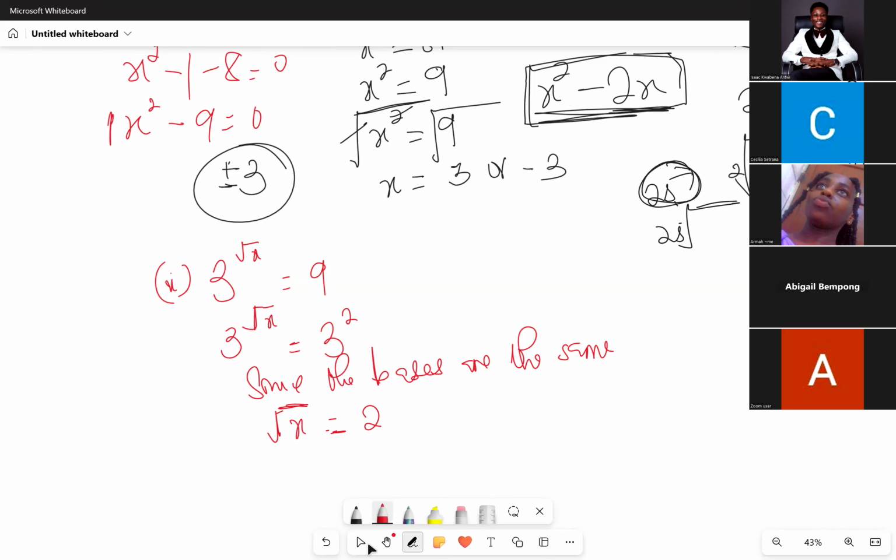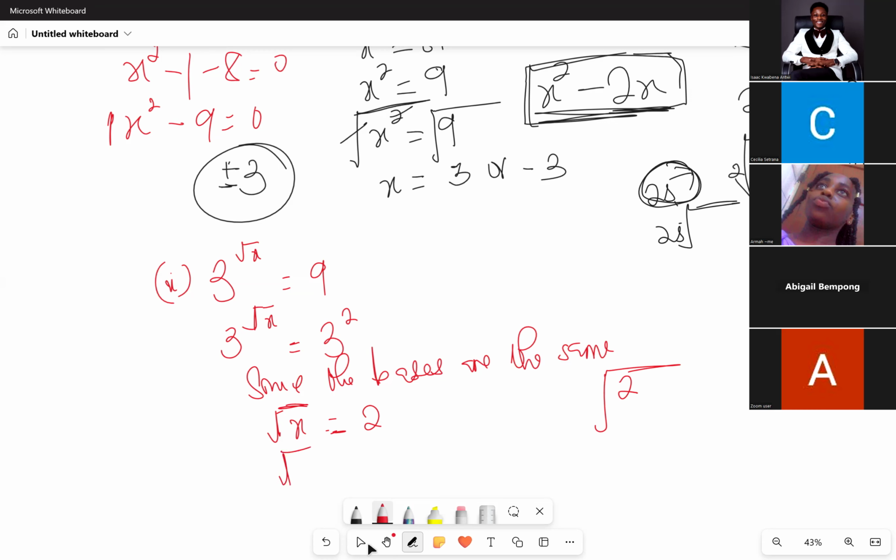So we are looking for x, right? Now, if x was raised to an index of 2, you would have said to do away with the index. There is a relationship between index and root of numbers, right? We said that. So if it is root, use the power to cancel it off. Do you get the analogy?